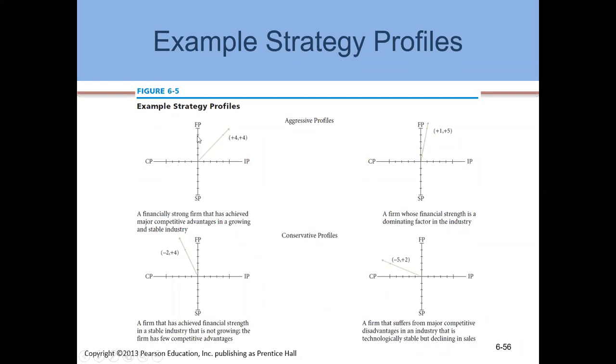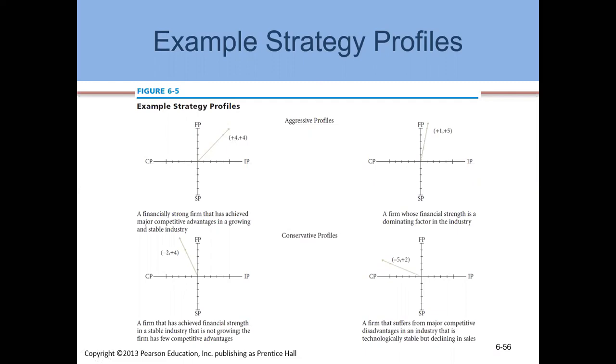Suppose in this diagram we have the value of +4. Now this +4 is not just the value coming from the FP axis. This +4 is the cumulative value of FP and SP. We do the same procedure on the SP and add the SP score to the FP score, and we get the value +4.